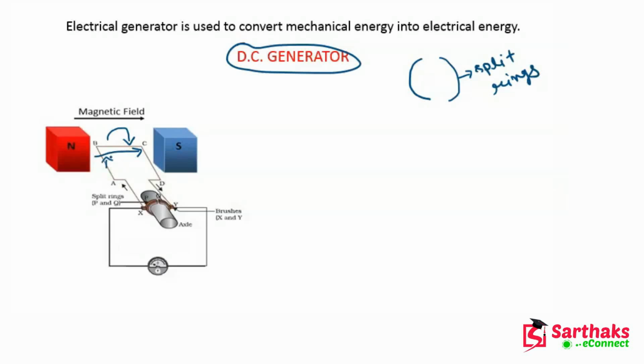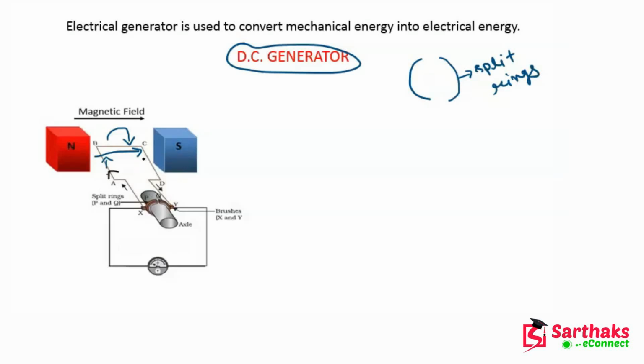Because it is moving upside and the direction of magnetic field is from north to south, when you apply the Fleming right hand rule, you will see that the direction of current is from A to B, like this. Let me draw this with another pen, otherwise you will get confused. Okay, so this is the direction of electric current.